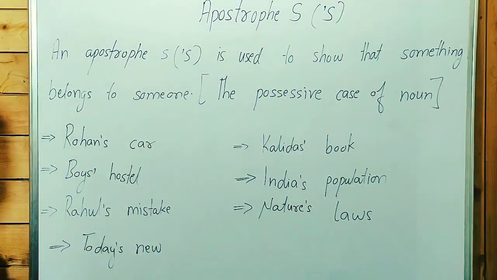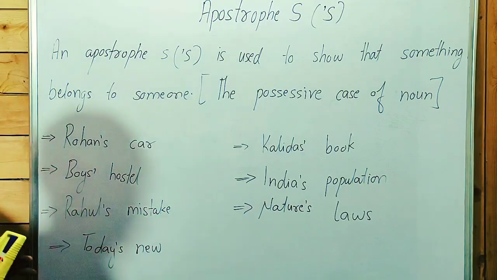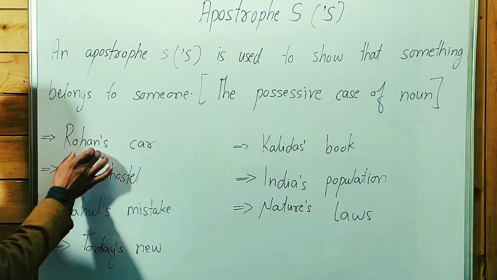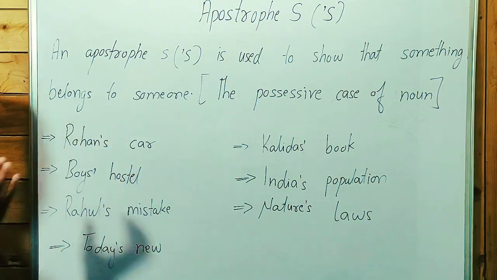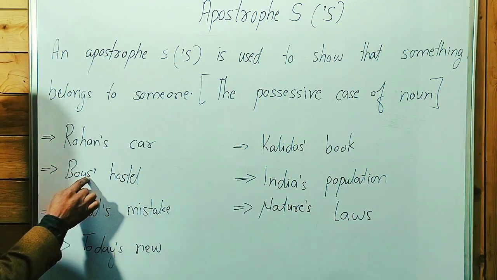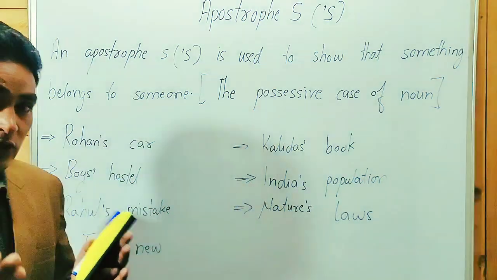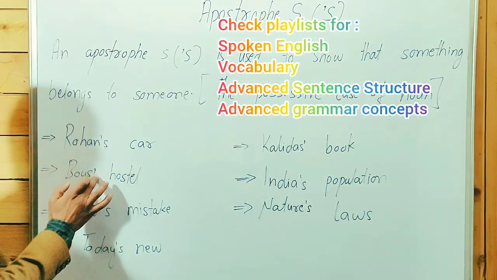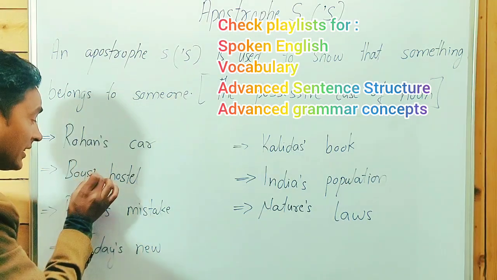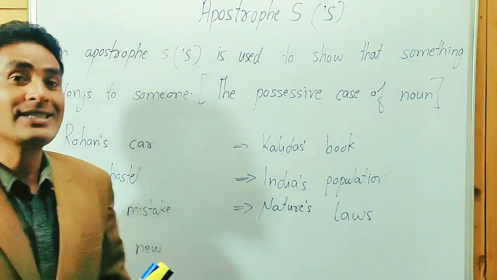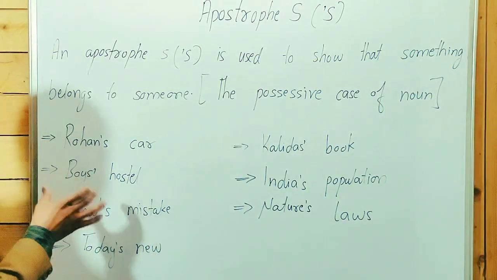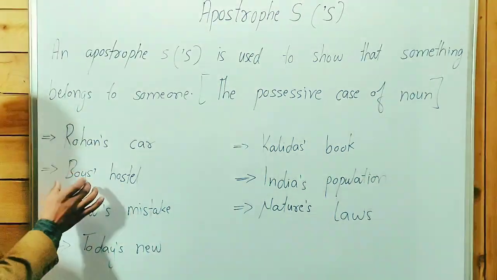Guys, point to be noted over here. You must have noticed here apostrophe s, Rohan's: Rohan, after that apostrophe, after that s. But here, boys, the spelling ends with s, after that only apostrophe, not s. Only this punctuation mark is written in this phrase.